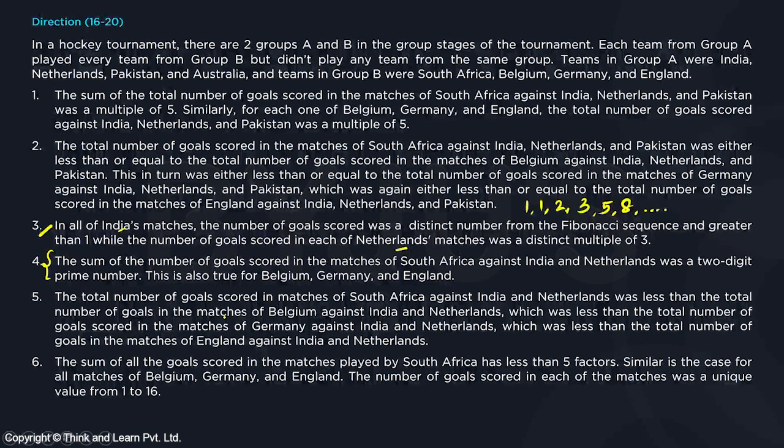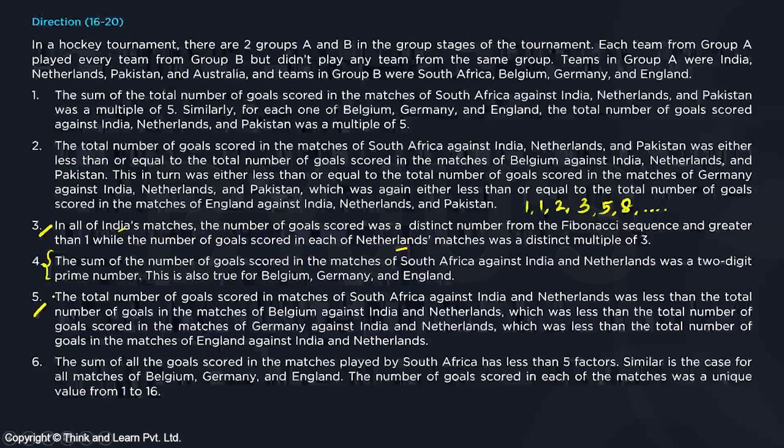So this is very similar to statement number 2, in that it was less than or equal to, as compared to every team from Group B. Here we have Group B teams with only India and Netherlands comparison. So 3, 4, and 5, they are related. So we will take these 3 statements and try to see what all numbers we can come up with.